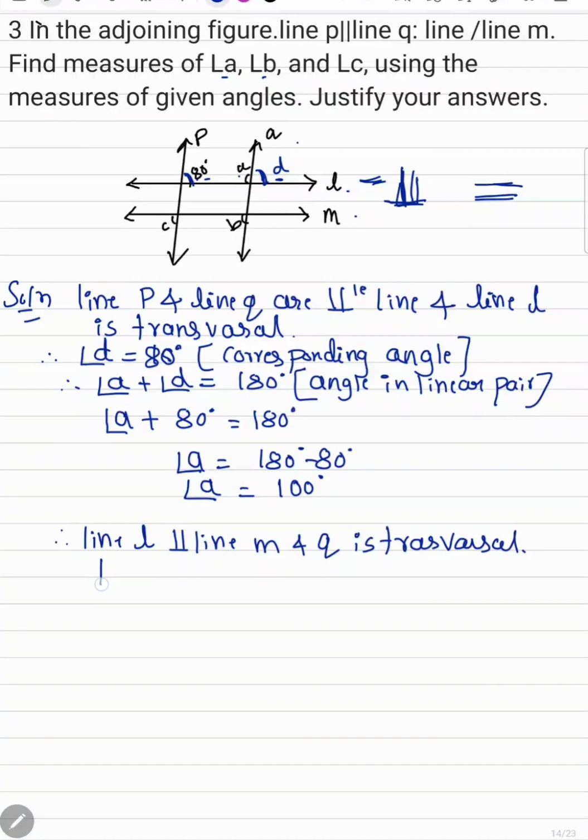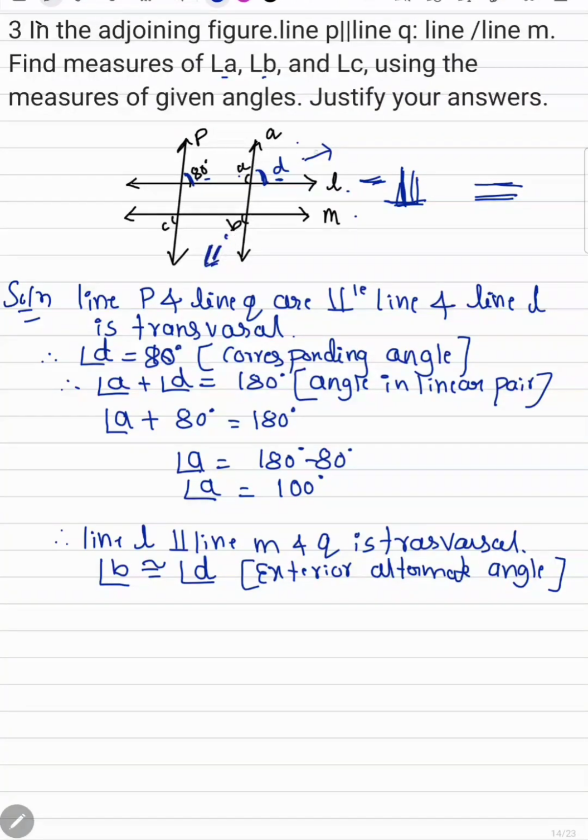Then what is it? Angle B is congruent to angle D. Why? It is an exterior alternate angle. How? Where angle B is, there is angle D. Both angles are outside, so it is an exterior alternate angle, and it is the opposite side.